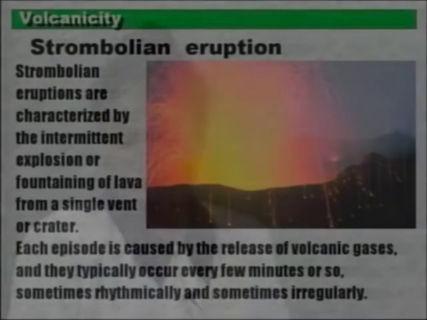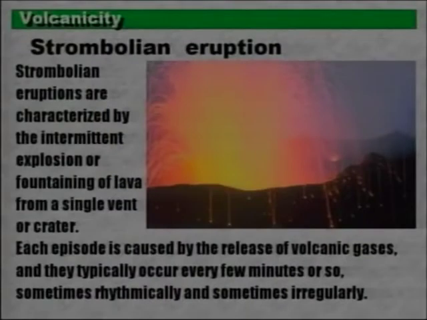That's the second type. Let's move to the third type of eruption, and that is the Strombolian eruption. It says here that Strombolian eruptions are characterized by the intermittent explosion or fountaining of lava from a single vent or crater. Each episode is caused by the release of volcanic gases, and they typically occur every few minutes or so, sometimes rhythmically and sometimes irregularly.